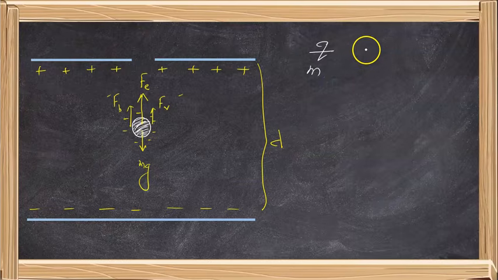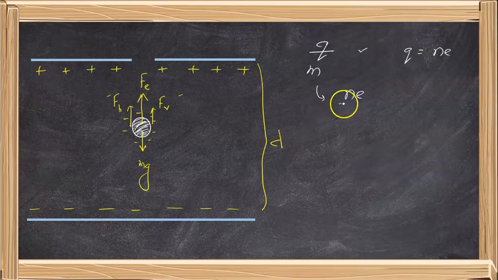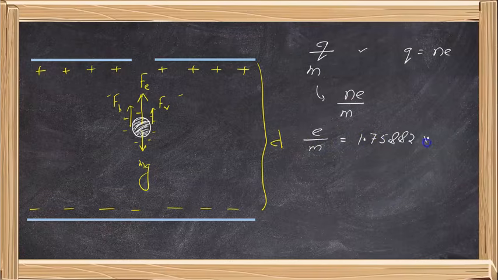So once Q by m was calculated, and we have already found that Q is equal to n times e, now we can write it as n times e by m. This e by m value was already calculated by Sir J.J. Thomson, and he found this out to be 1.75 times 10 to the power 11 coulombs per kg.